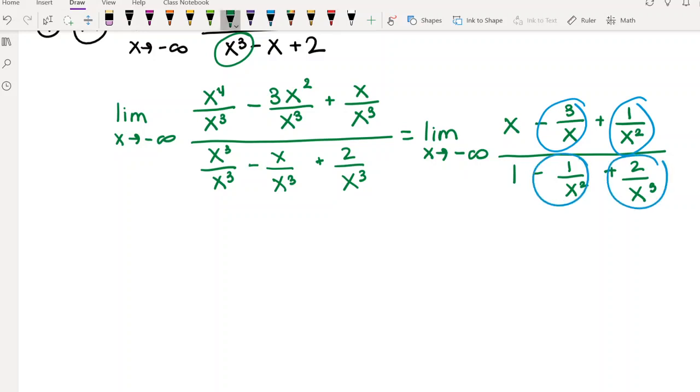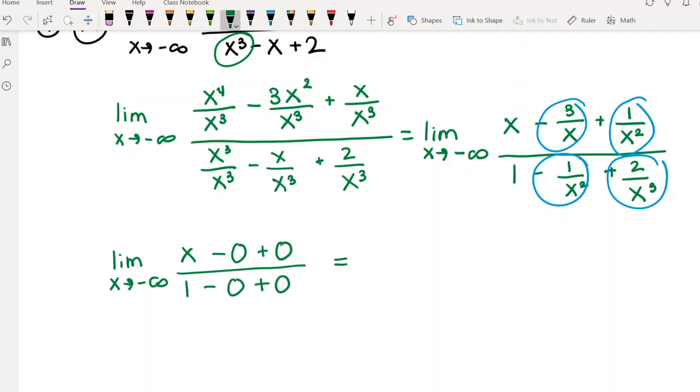So we're going to be left with the limit as x approaches negative infinity of x minus 0 plus 0 over 1 minus 0 plus 0. So that means that overall we're left with the limit as x approaches negative infinity of just x.